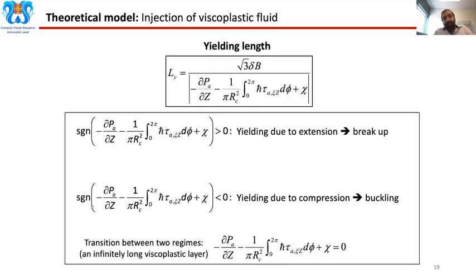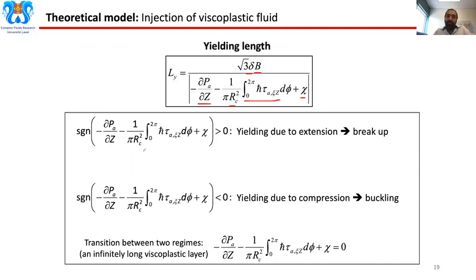So based on our analysis of the flow so far, we have obtained the relation for the yielding length versus the Bingham number, the aspect ratio, which is the inverse of the height, the buoyancy number, the shear stress of the annular fluid at the interface, the pressure gradient, and also the core fluid radius at the nozzle.